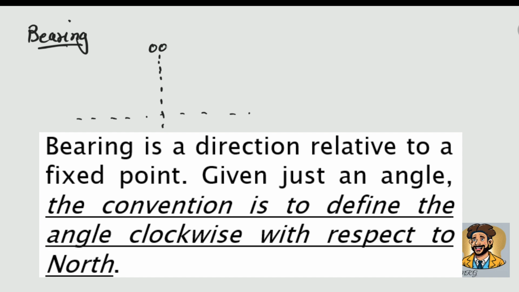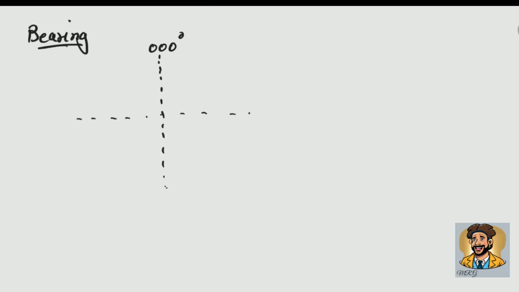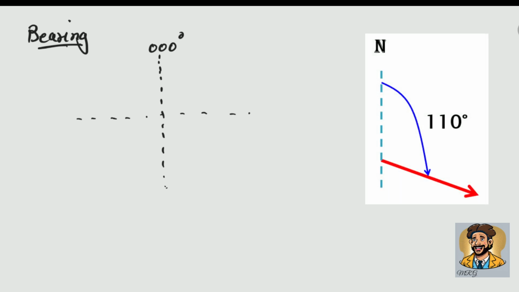This one is the 0 degree, and we use 3 digits. So we measure from north, and obviously we must know where north is located. So we measure from north, and we're going to count clockwise. Always we move in the clockwise direction. All right, so that is how we work with bearing.